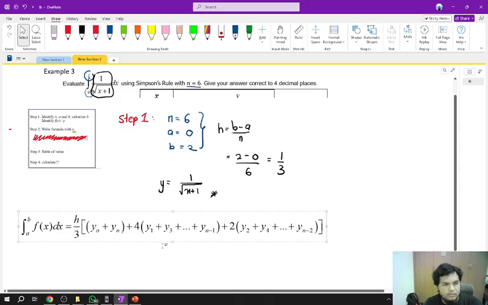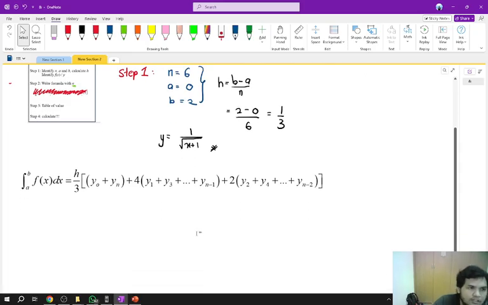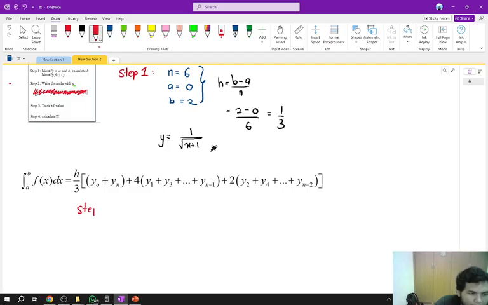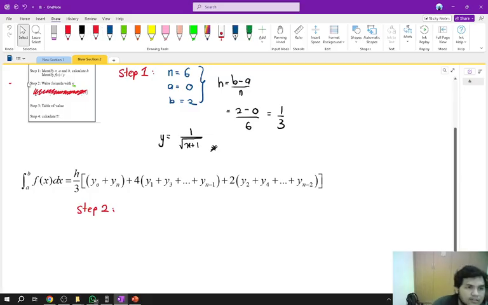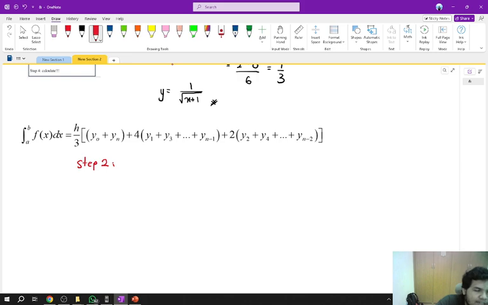Okay, so we have the equation of Simpson here. Step number 2 is to write back by replacing the n inside the formula of Simpson. Here in this example n is 6, so we just replace with 6, 6 and 6, and we have the equation.